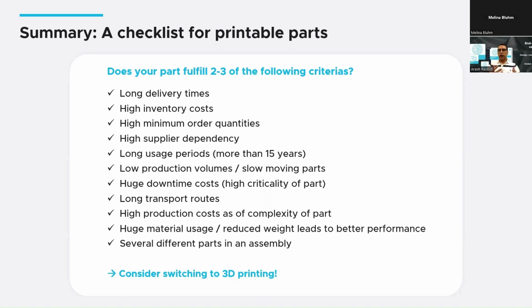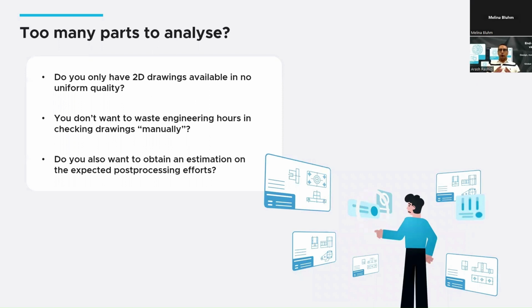If you, let's say, answer 2-3 of these questions with yes, then it makes sense to consider to switch to 3D printing. Of course, there are cases that even only one single yes would lead to going for 3D printing.